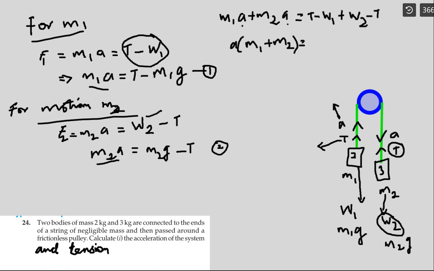Here T and T cancel, so I have W2 minus W1.